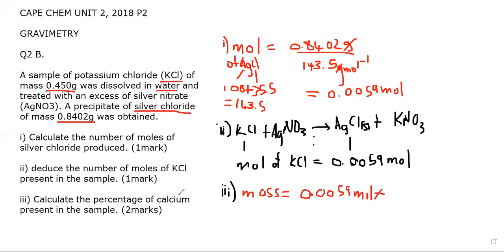And the molar mass, potassium is 39 and chlorine is 35.5.